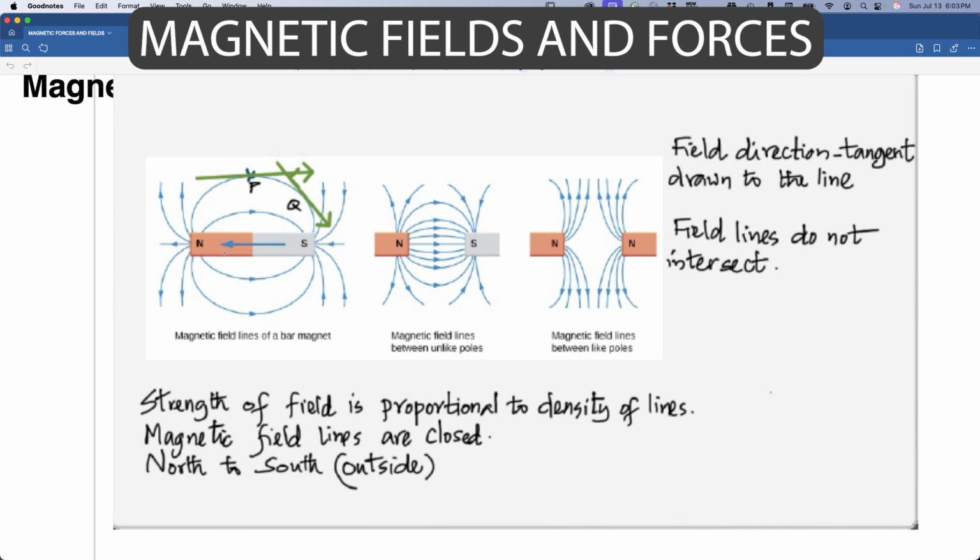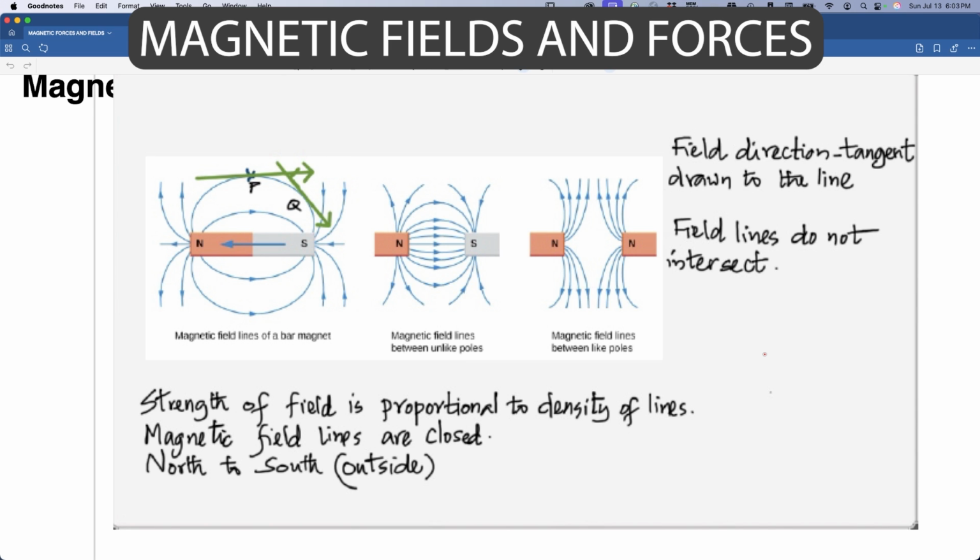So magnetic field lines are closed. That's a completely different scenario from electric field lines, because electric field lines are not closed. If you have a positive and a negative charge, electric field lines just start from positive and end on negative. It doesn't circle back. So electric field lines are open while magnetic field lines are closed.